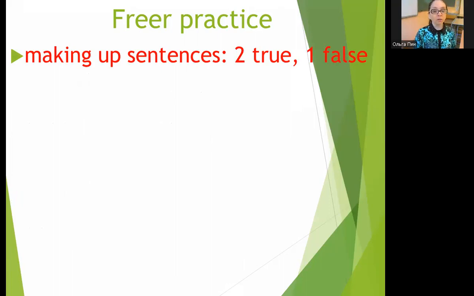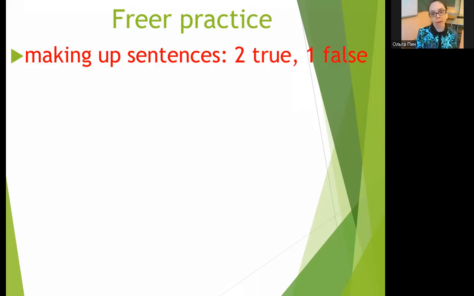I usually ask students to make two true, one false, so that their partner guesses. For instance, make up three sentences about what you have done this week. Two true, one false. Your partner guesses which is false. So we practice present perfect.